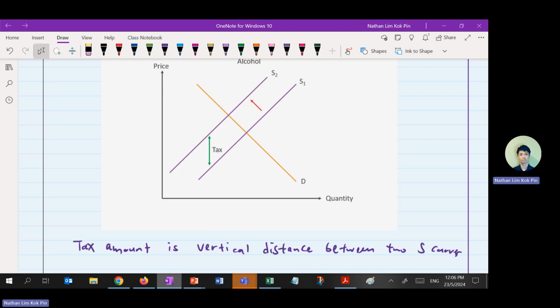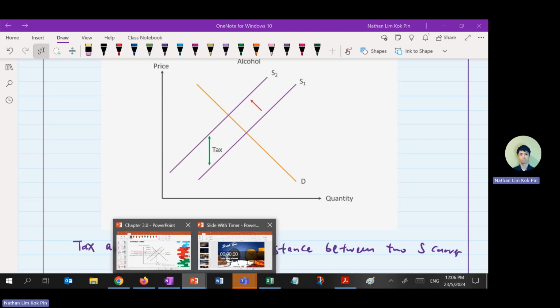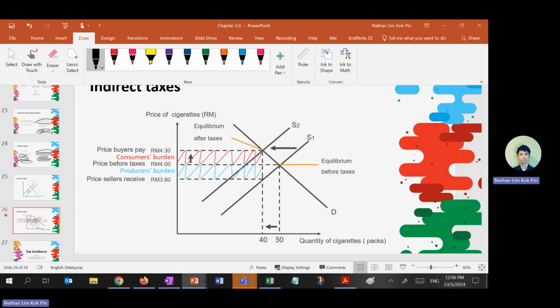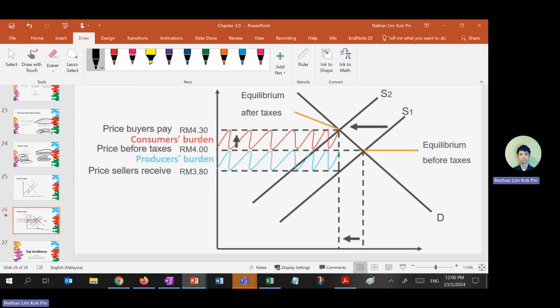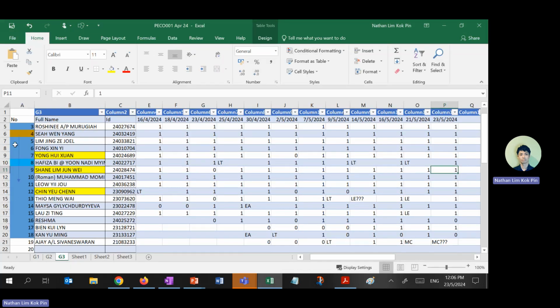Second thing, following this sentence, in here, what is the tax amount? What's the tax amount? You say 30 cents, you? 20?